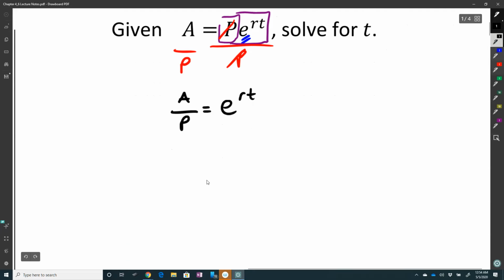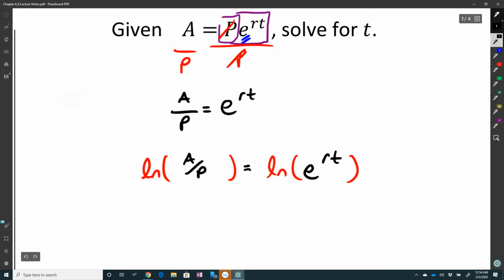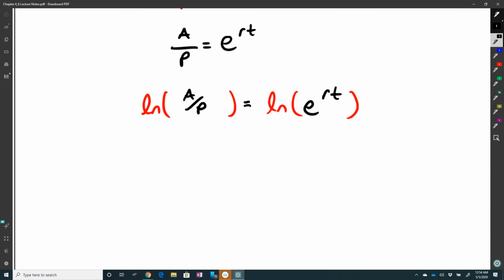And since it's e, I'm going to do the natural log of both sides. So I have a over p, e to the rt. Right? Now the ln and the e cancel each other out. And so you're just going to be left with rt. But if you don't see that, the same thing happens.